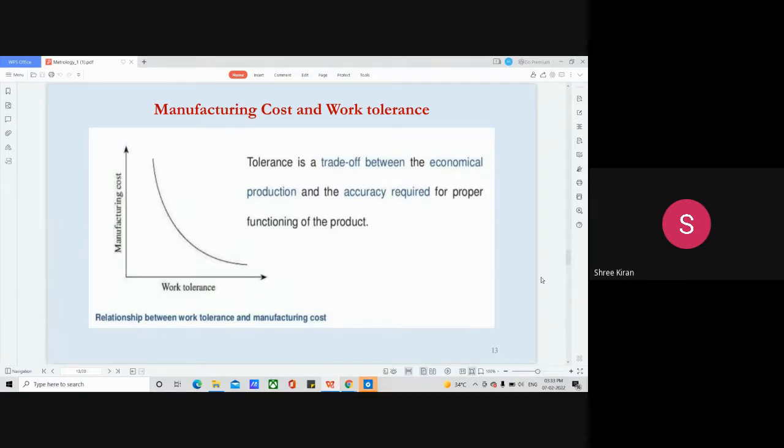Whatever the tolerance, it is bounded by the two limits of the size of the part, which is called the tolerance zone.